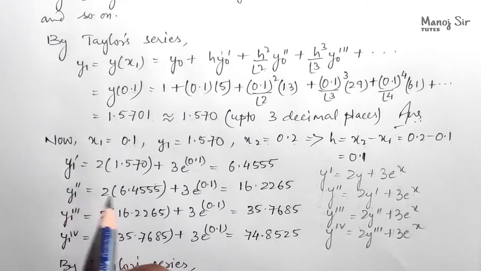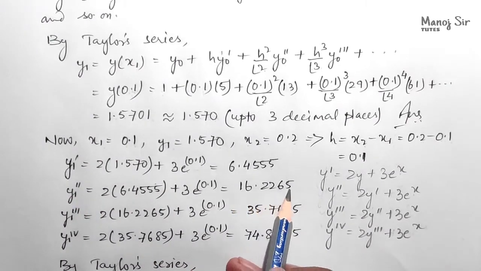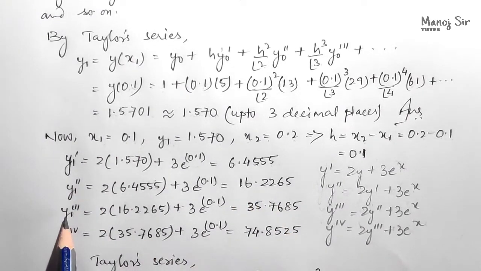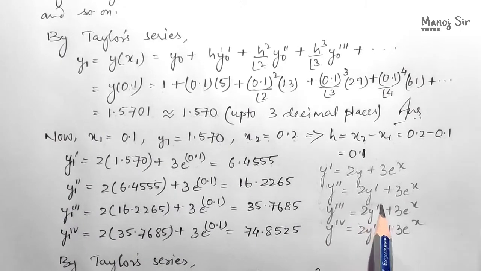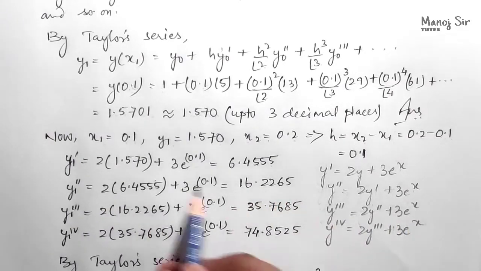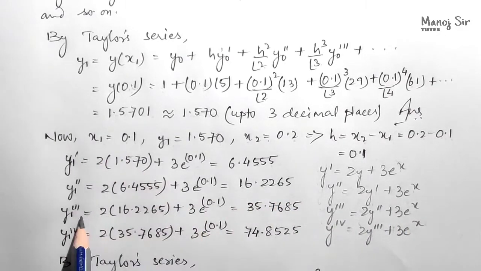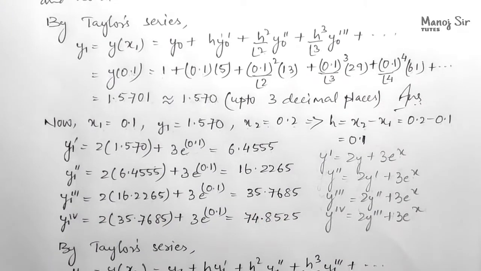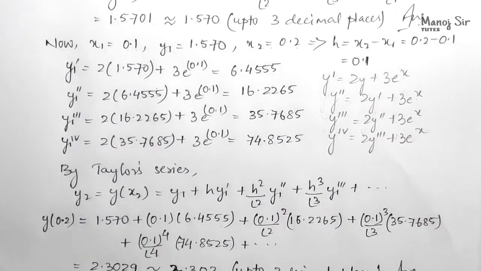So y1 double dash will become 16.2265. Now for y1 triple dash, we put y1 double dash as 16.2265 and x as x1, that is 0.1. On solving this we get y1 triple dash as 35.7685. In the same way you can get the value of y1 quadruple dash, that is 74.8525. Very easy.